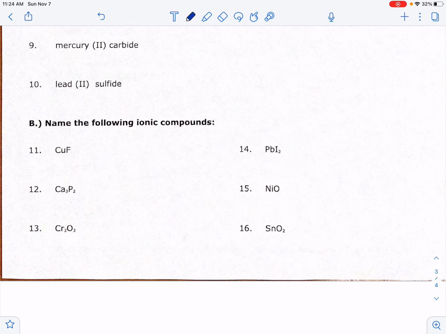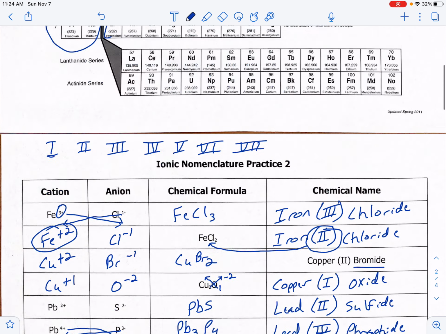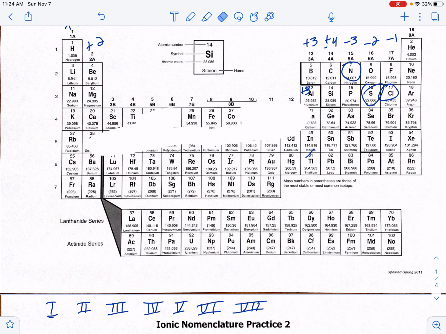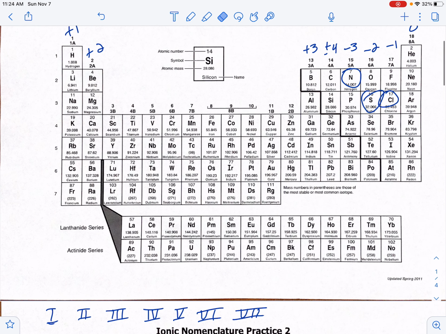So I have CuF. Cu is copper. That is one of my transition metals. So let me come up here to my periodic table. Let me clean this up. We're still going to keep that silver as +1, +2, +3.